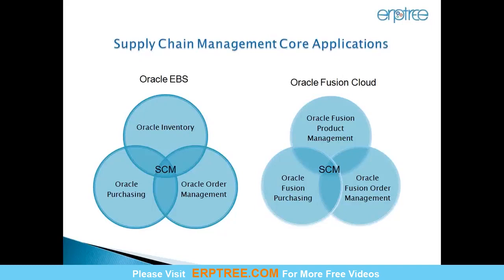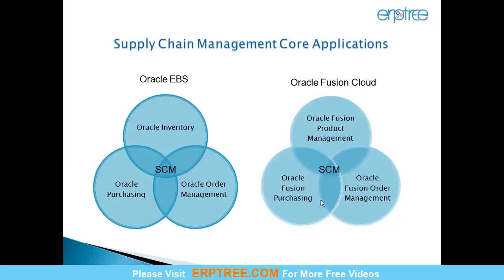Once we get into the actual classes, we'll be working on it and it will be more clear for everyone. So just to understand the simple point, we don't have any inventory application or module in Fusion applications. In that place they have given the Oracle Fusion Product Management application, and the rest of the two core modules remain the same.